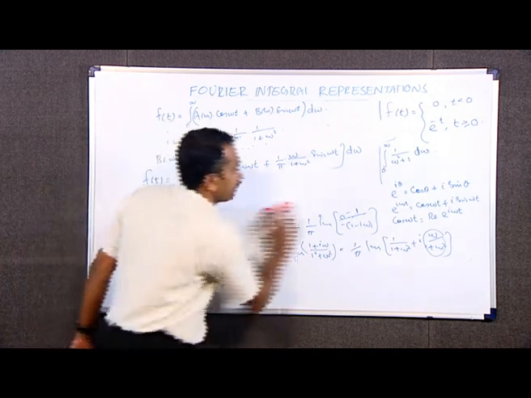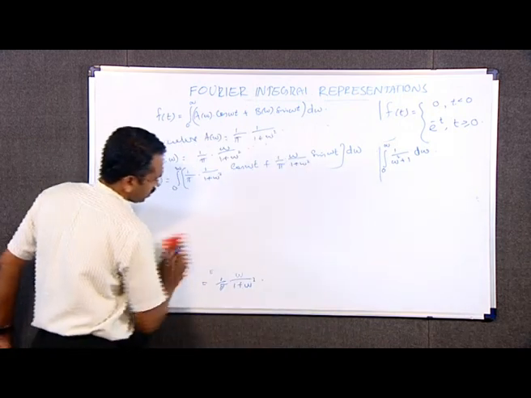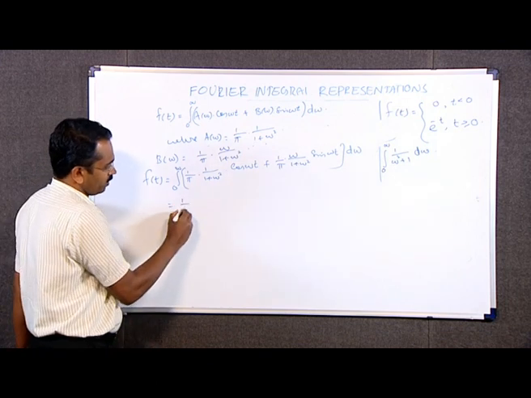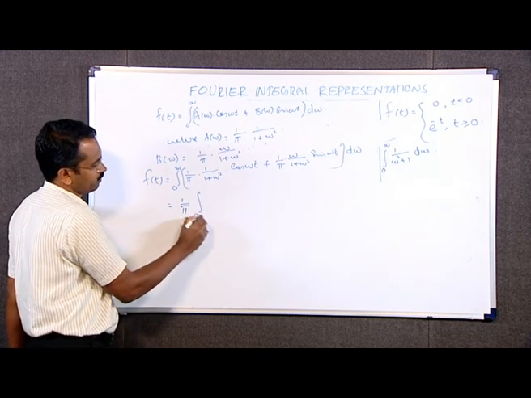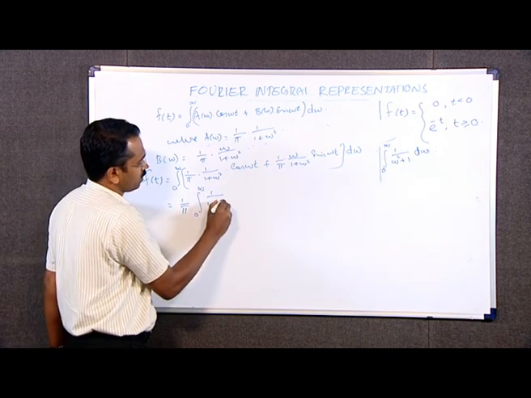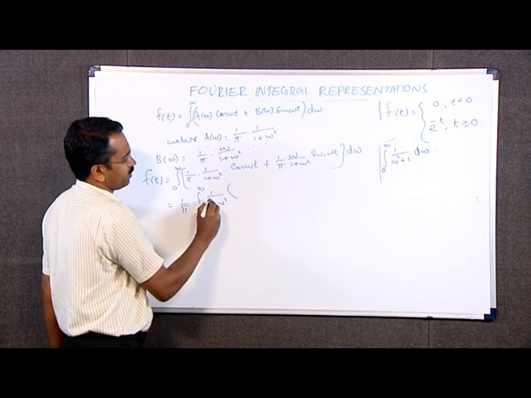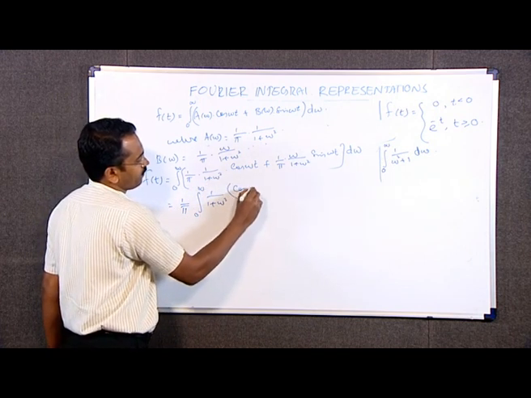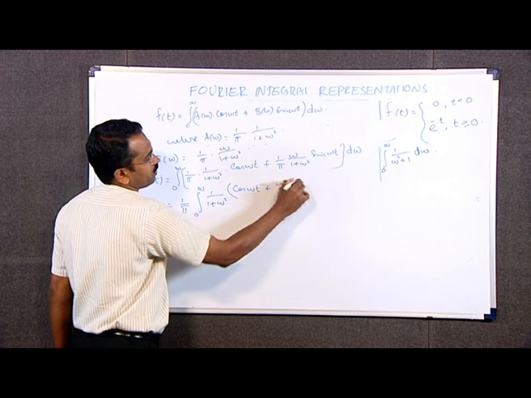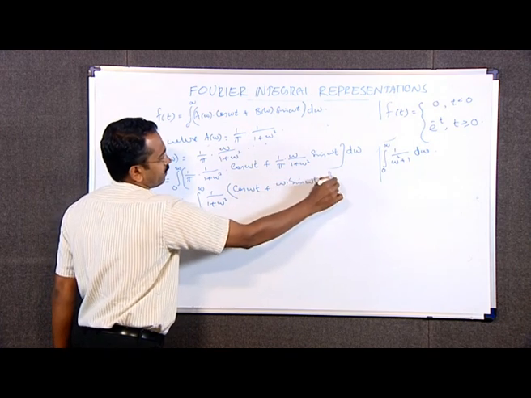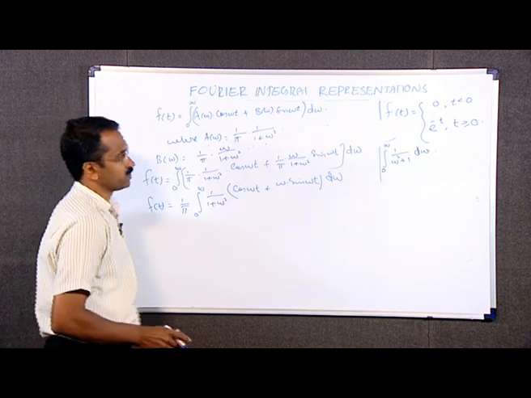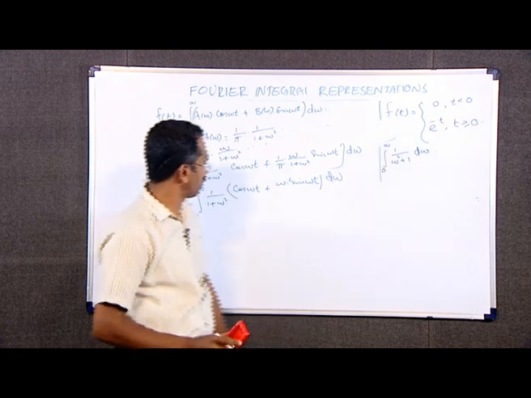Here 1 by pi is common, which can be taken outside of the integral. We get 1 by pi into integral from 0 to infinity, 1 by 1 plus omega square is also common, into cos omega t plus omega into sin omega t d omega. This is the Fourier integral representation of the given function.